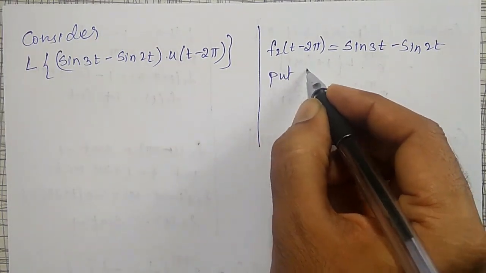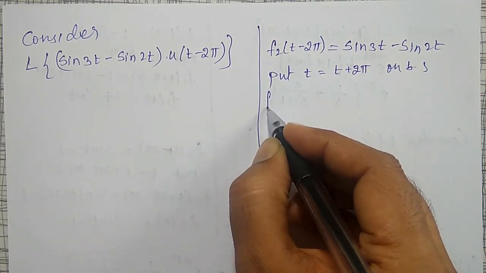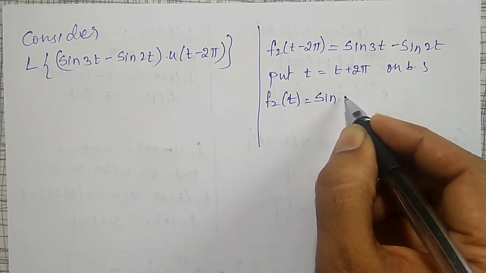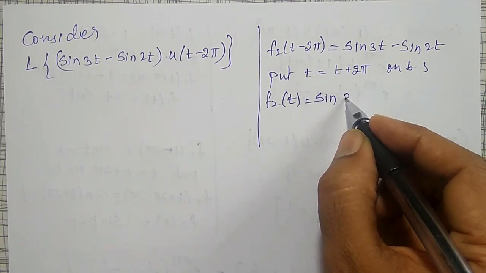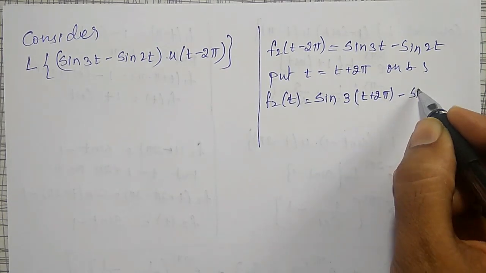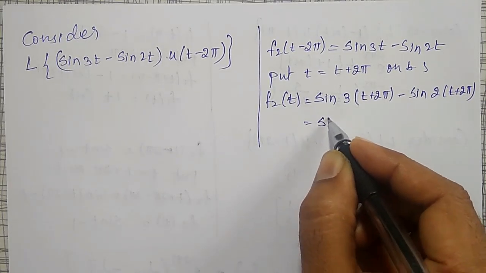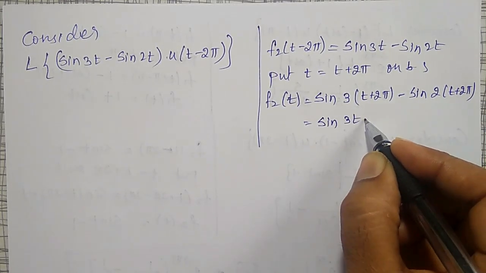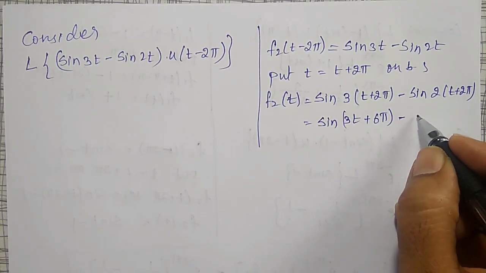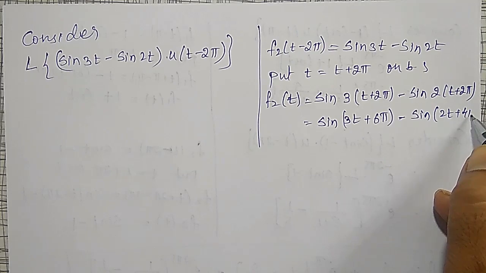Let me put t equal to t plus 2 pi on both sides. Therefore f2 of t equal to, I am going to get sine of, only t is replaced, 3 into t plus 2 pi, minus sine of 2 into t plus 2 pi, which will become sine of 3t plus 6 pi minus sine of 2t plus 4 pi.